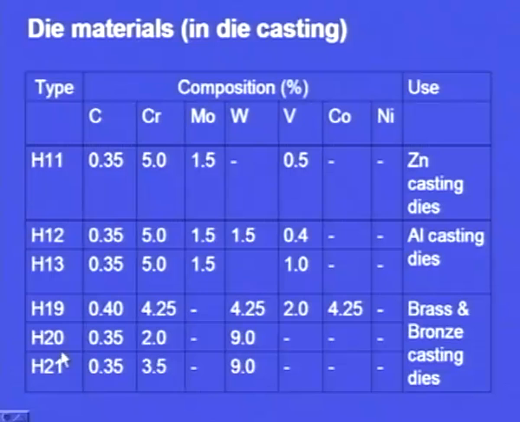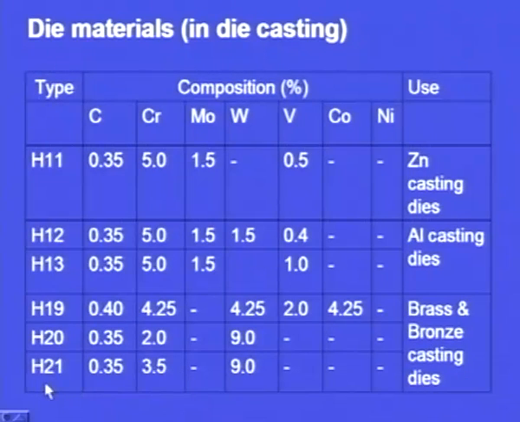Another one, H20 steel, the carbon percent is 0.35%, chromium 2%, tungsten 9% and the rest is iron. This die material is used for making brass and bronze castings.